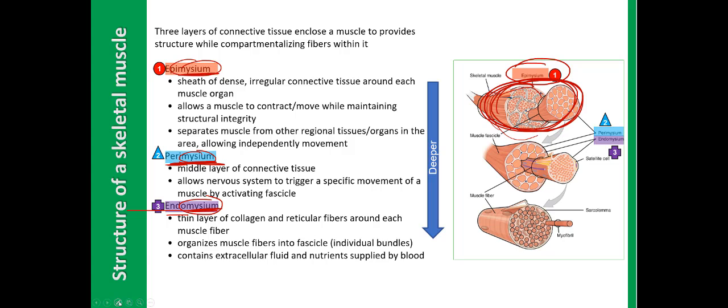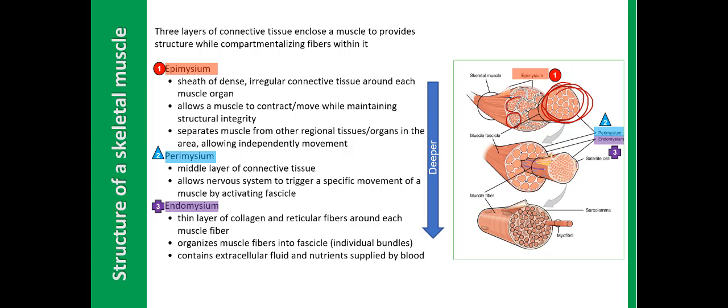The perimysium is the next layer down. So you can see here the perimysium is the middle layer, and it covers each muscle fascicle. So each of these groups is called a fascicle, and you've got a layer of perimysium covering this.